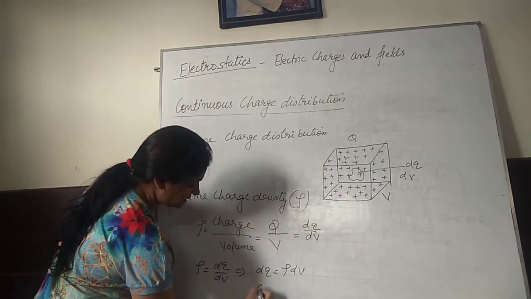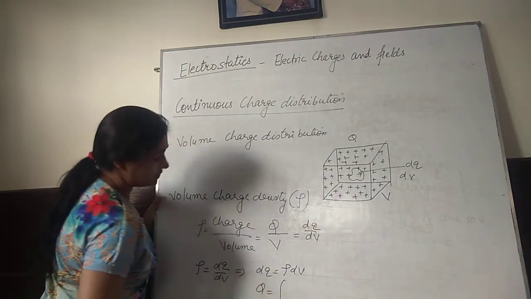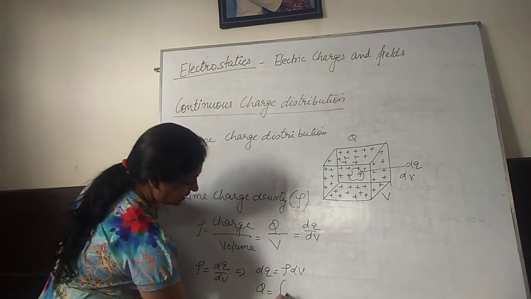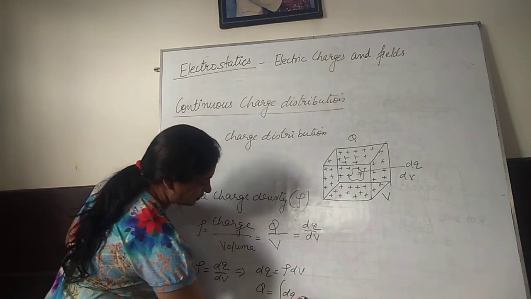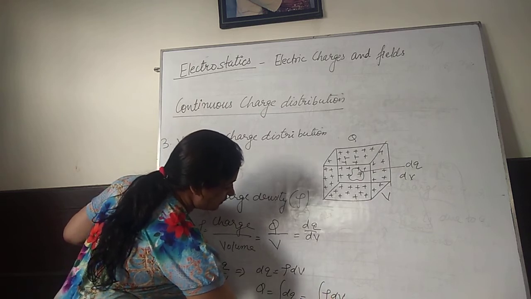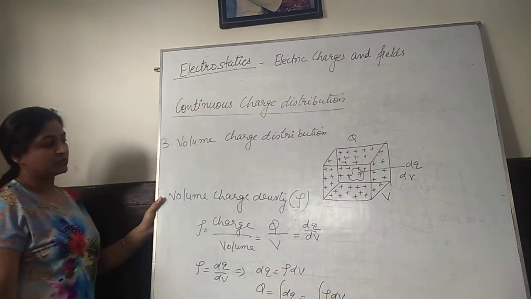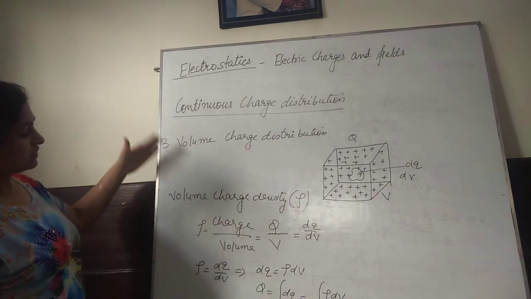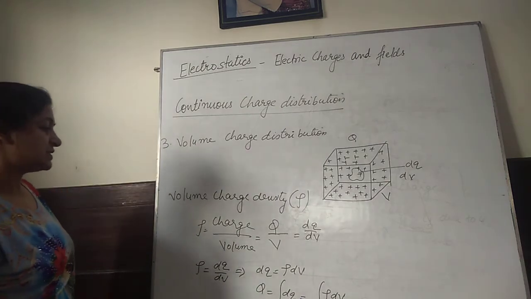You can extend it. So total charge of this particular cube is integration of dq for the whole of the volume, or it would be rho times dV for the volume of the cube. So in this way we can define the three charge densities.